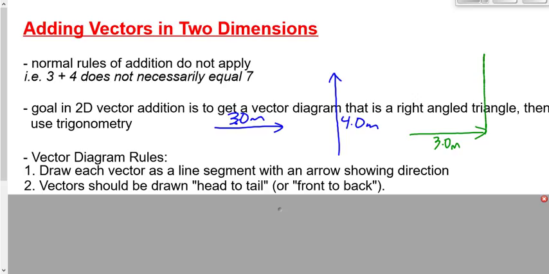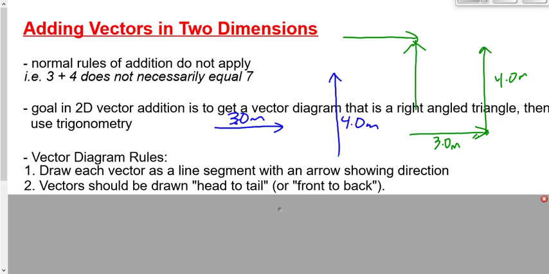Draw it to the tail of the next vector. The back of it is the tail. So it's drawn head to tail, or the front of one vector to the back of the next vector. Does that make sense? You can't draw it like this. Don't draw it like this. What's wrong with that?